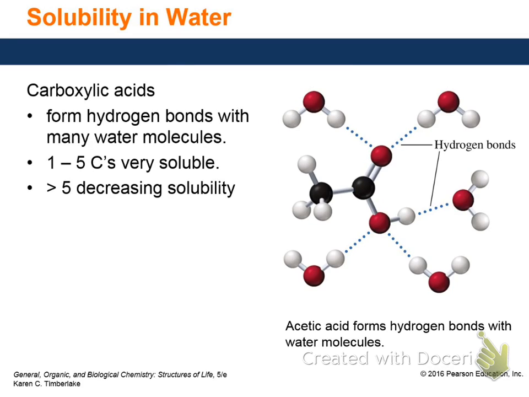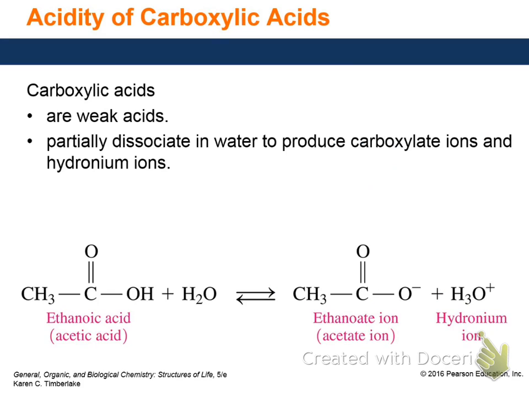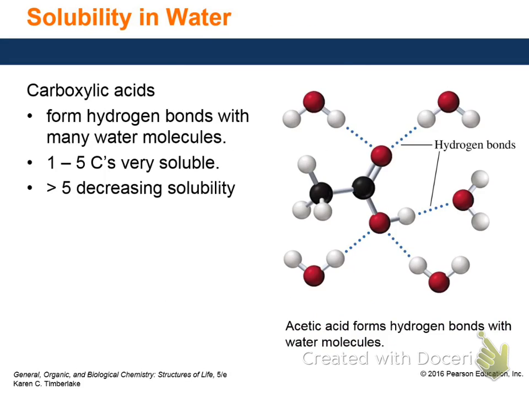So 1 to 5 carbons are very soluble in water, and then you go to decreasing solubility. It's pretty similar to alcohols, okay? Another property, so let me just leave it there for a second. Solubility up to about 5 carbons is normal. I start switching through slides really quick, and I realize some of you are writing information down.